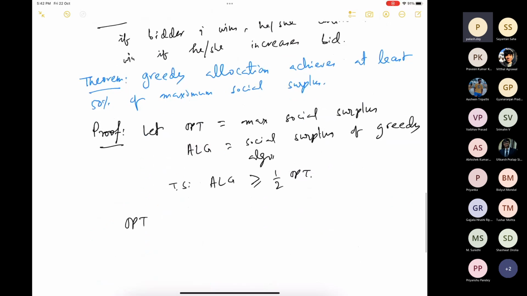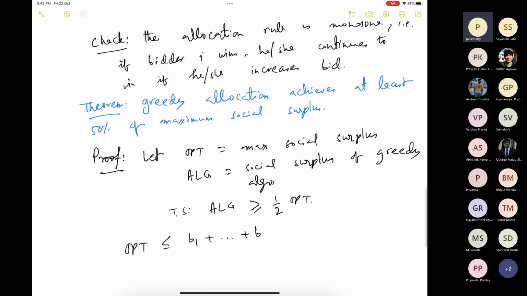So opt is less than or equal to b1 to, sorry, not bk, bk plus 1.